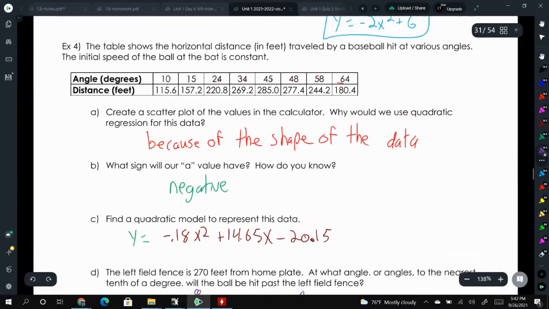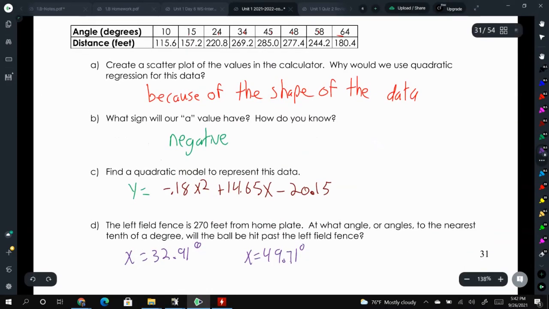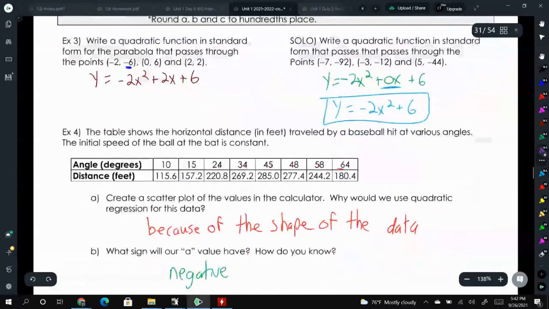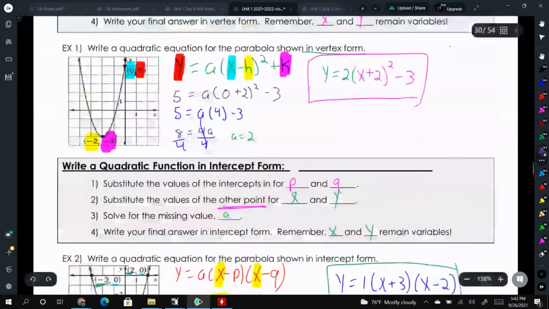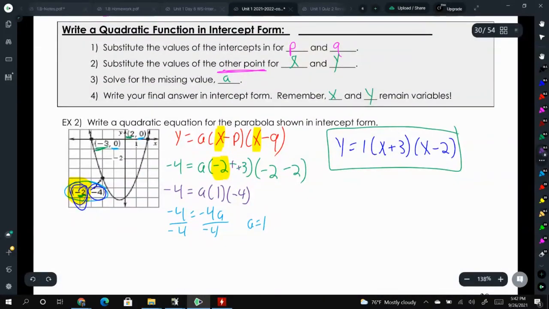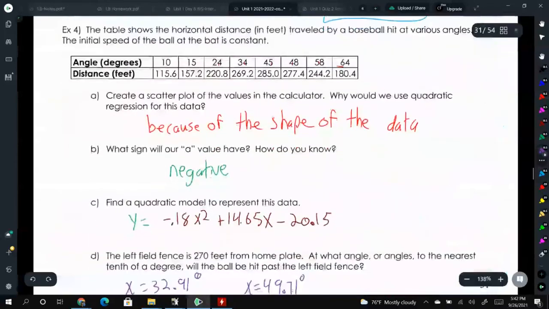So you may have to go and practice some of these steps on how to use the graphing calculator to get our regression data for standard form from a table. Up here, we just simply plugged in some values, simplified to get our A value, and plug that back in.